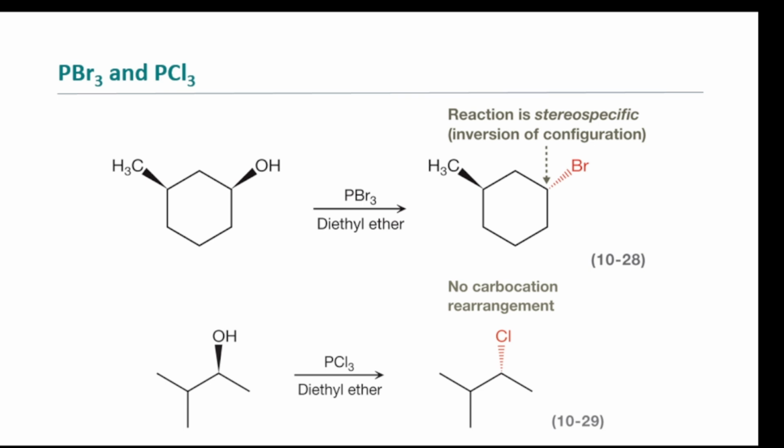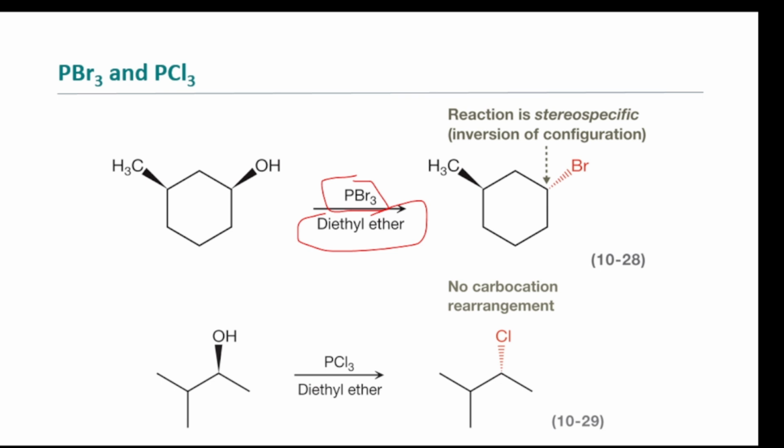And so PBr3 is one way of providing reactive bromides that will do this reaction. We'll use diethyl ether for our solvent. And this is going to do this. It will give us the specific inversion of that configuration, because instead of possibly generating a carbocation, we're just going to do the SN2 reaction. Okay.